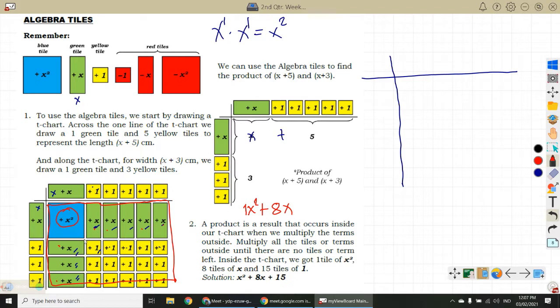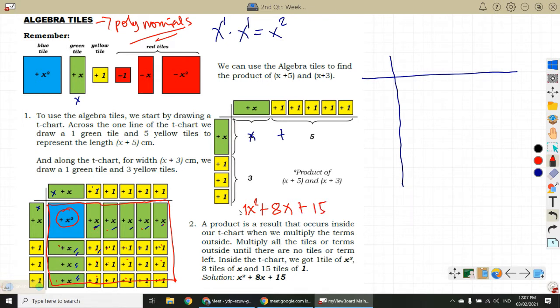Now, as you can see, these algebra tiles represent polynomials, yung in figures the polynomials. So how many units do we have? 1, 2, 3, 4, 5, 6, 7, 8, 9, 10, 11, 12, 13, 14, 15 units.